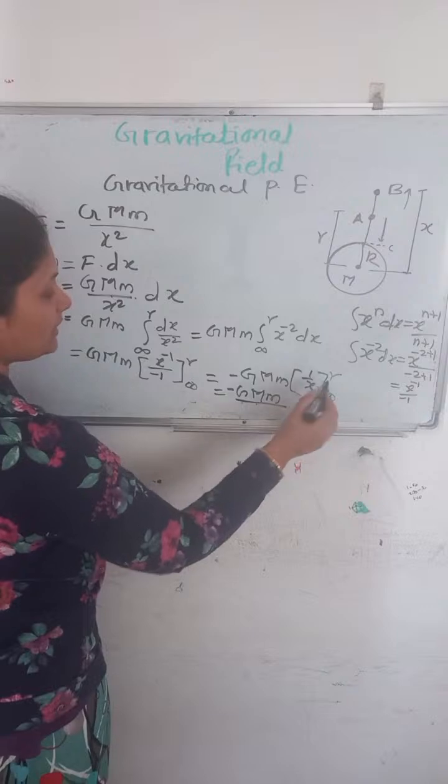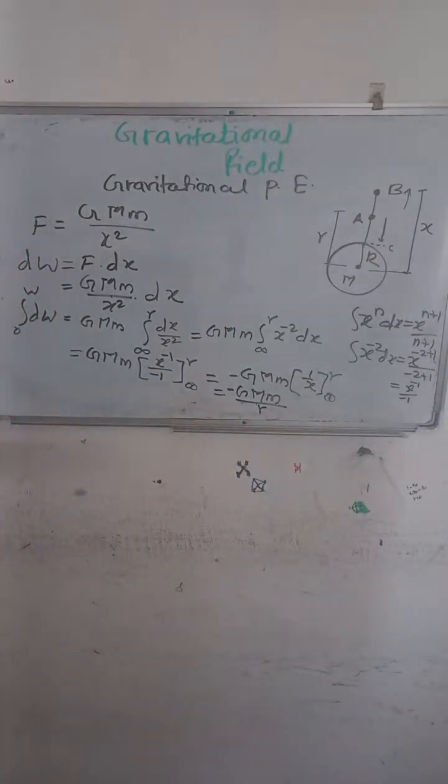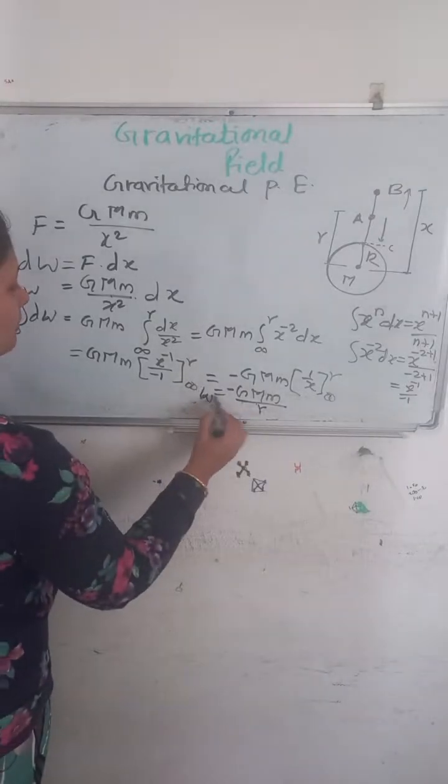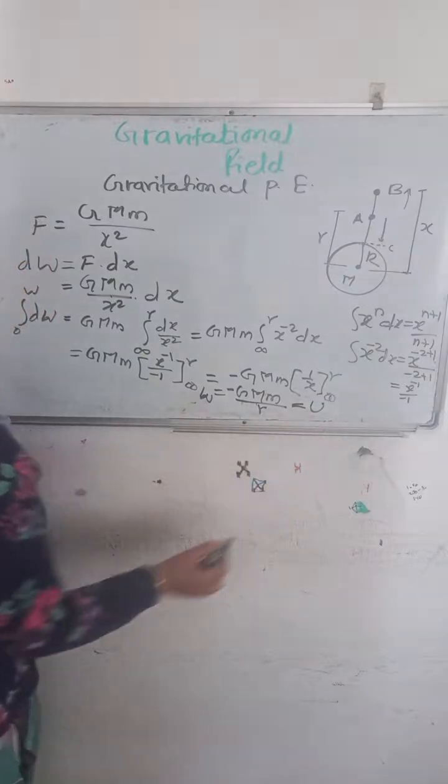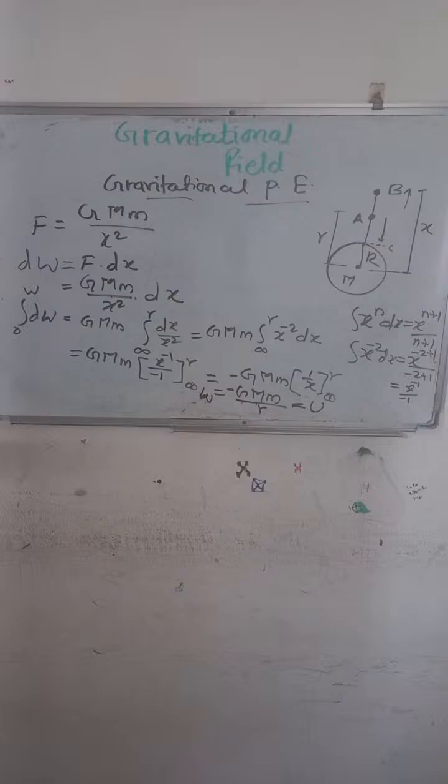Here the lower limit is infinity, so leave it, and you can write it as minus GMm upon r, and you will get this as the work done W. This is also known as gravitational potential energy, to bring that body from infinity to a certain point. So this is nothing but the work done, and this work done gets stored inside the body as gravitational potential energy.